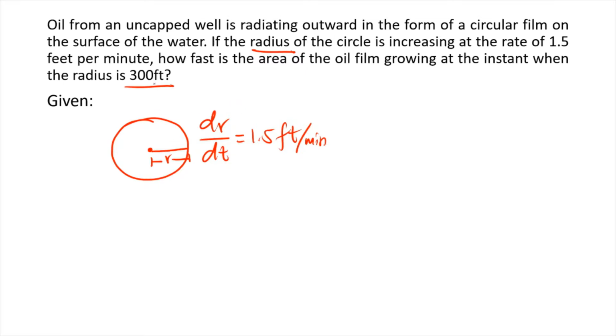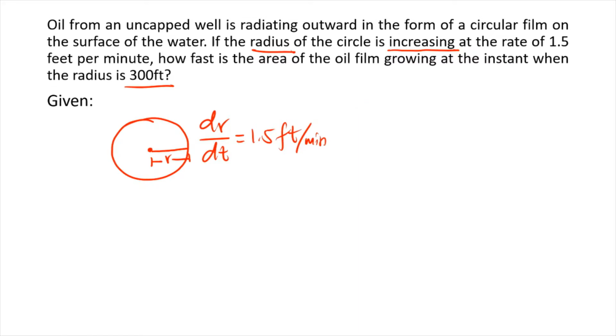However, we can only substitute this value 300 feet later on after we differentiate, or after the differentiation process. Also we have some sign conventions for the rates. If a quantity is increasing over time, then its rate is a positive value. If the rate is decreasing, then the value is negative.